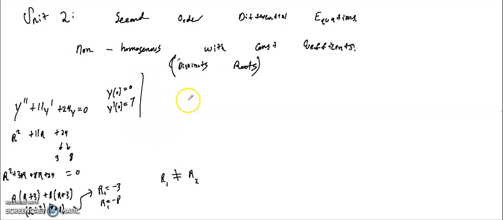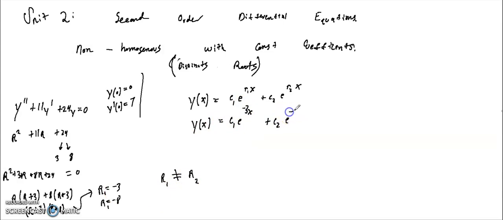And we'll get to that soon, but what we get is y of x equals c1 e to the r1 x plus c2 e to the r2 x. And we have these initial conditions so we can find these coefficients. But our general solution is very simple. It's just y of x equals c1 e to the -3x plus c2 e to the -8x.